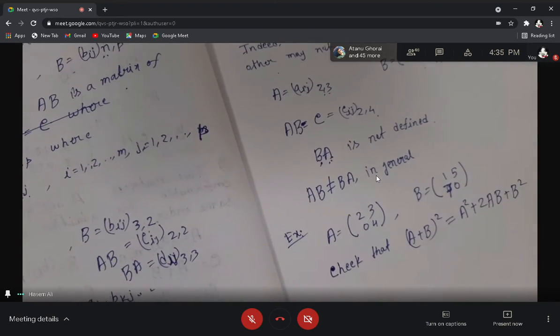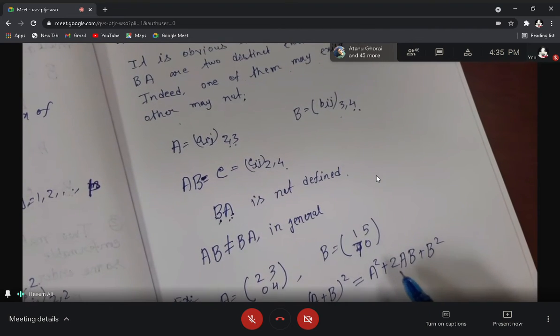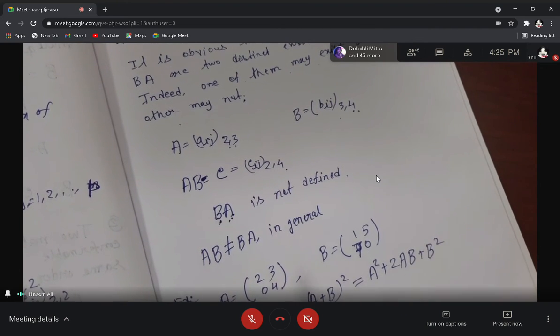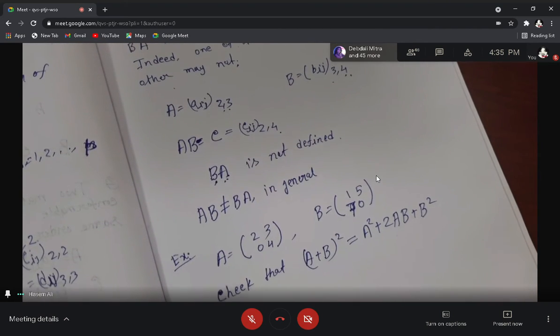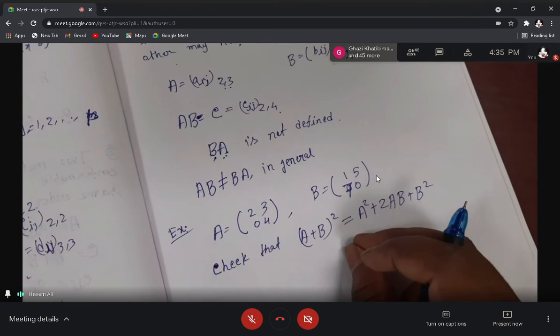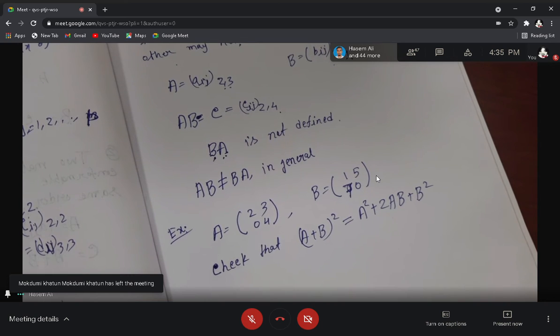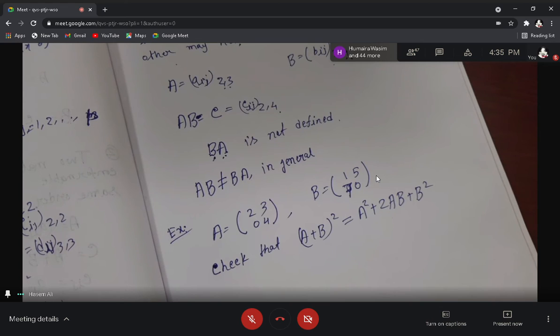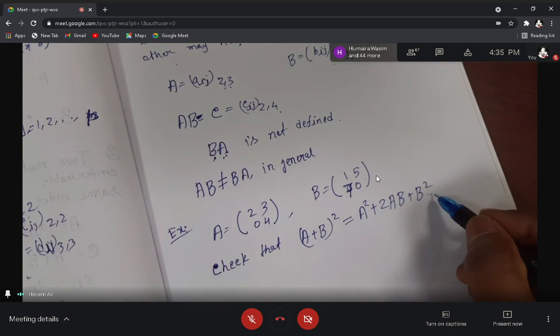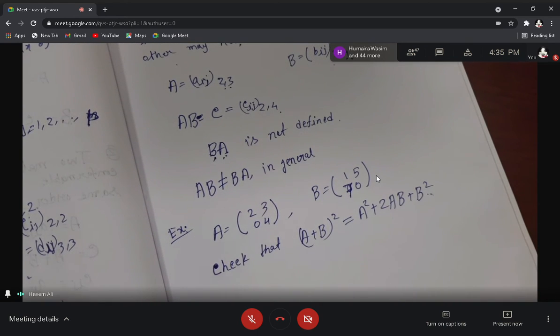Check whether (A plus B) whole square is equal to A square plus 2AB plus B square. Is it true for these two matrices A and B? This is a homework, you can check this. In general, this is not true.